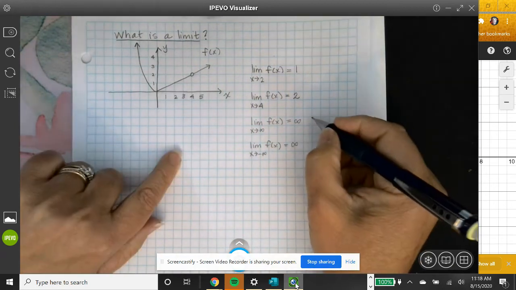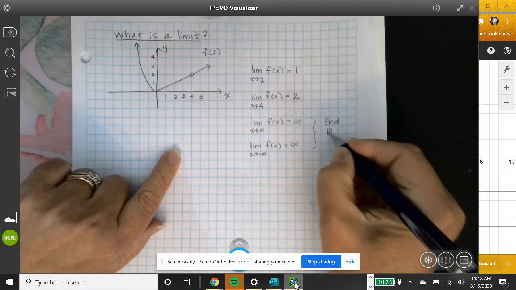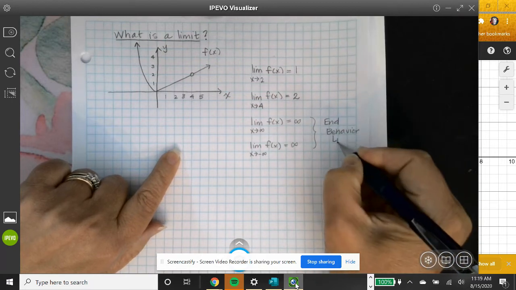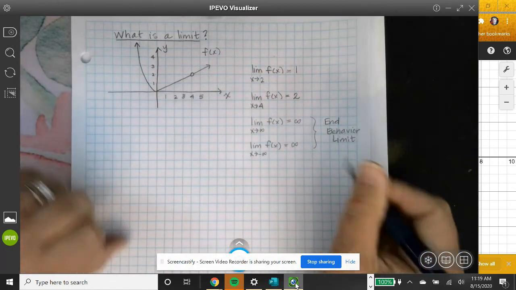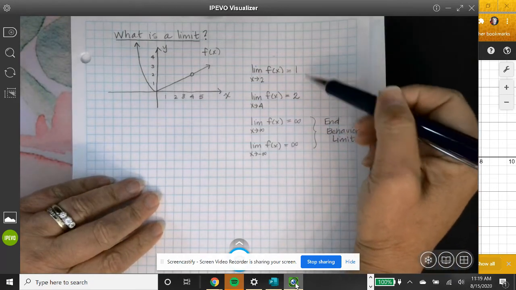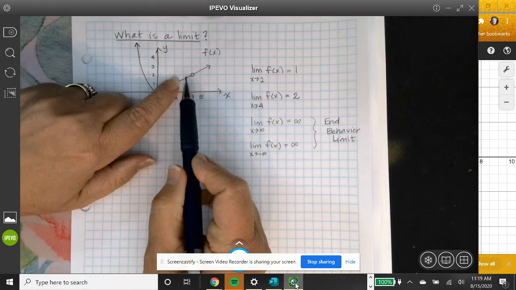And we call these end behavior limits because those are the behaviors of x as it gets to the end of the graphs. Now, these that we did up here we call two-sided limits because I have a limit from the left and a limit from the right.